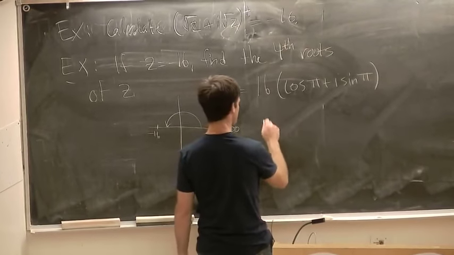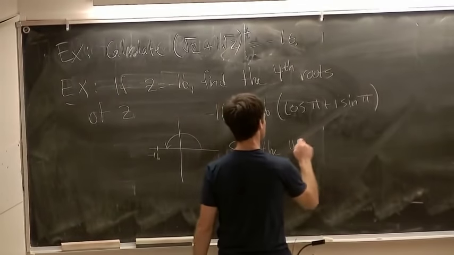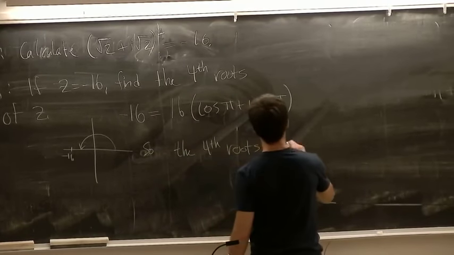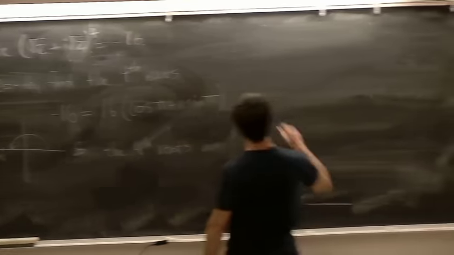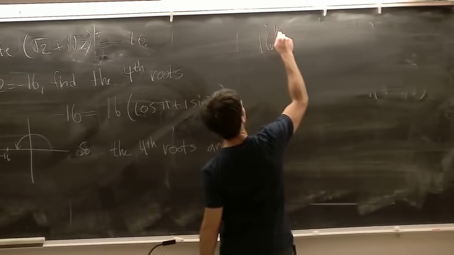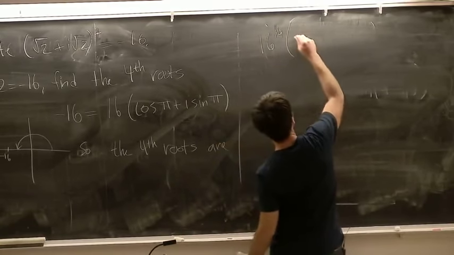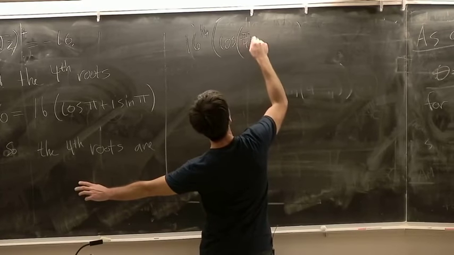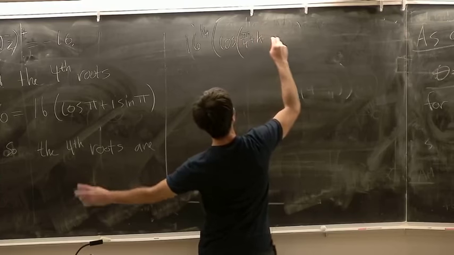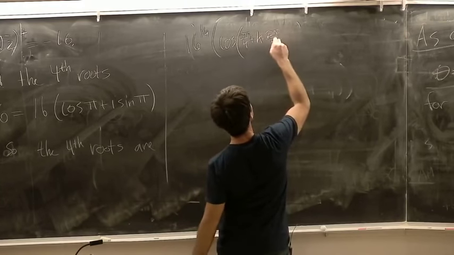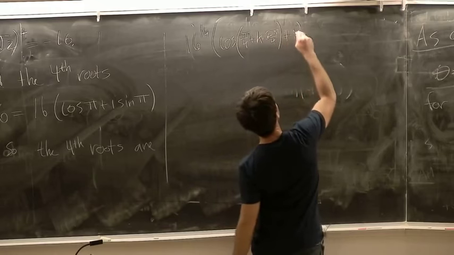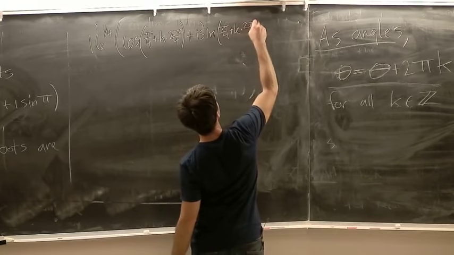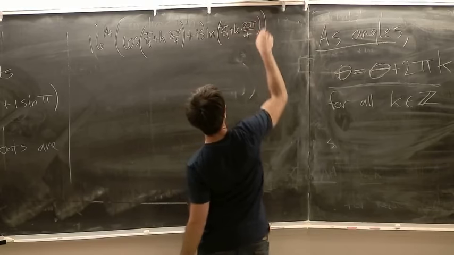So the fourth roots are, it'll be a 16 to the 1/4, and then I'll get a cosine of pi over 4 plus k times 2 pi over 4, I sine pi over 4 plus k times 2 pi over 4.